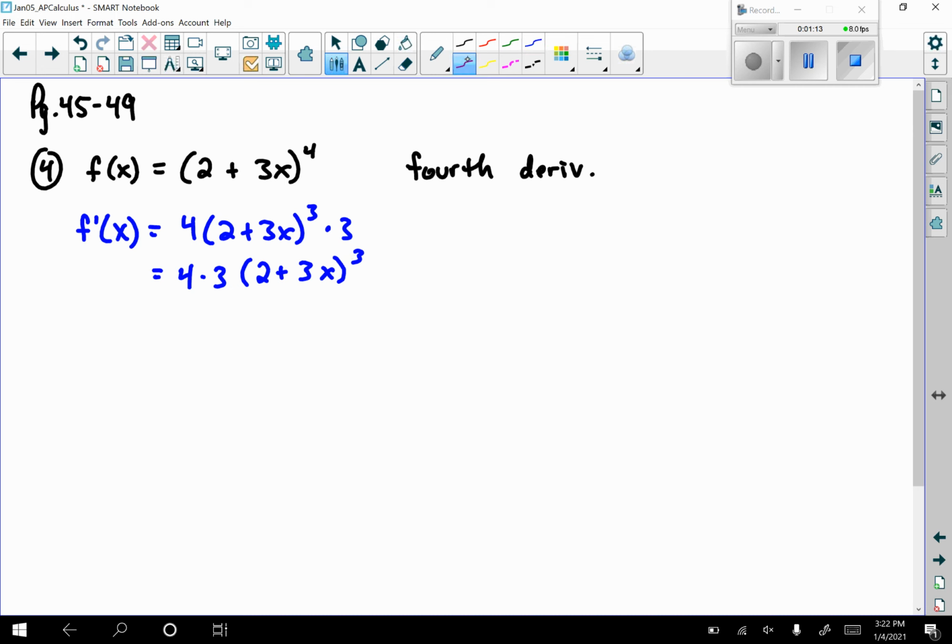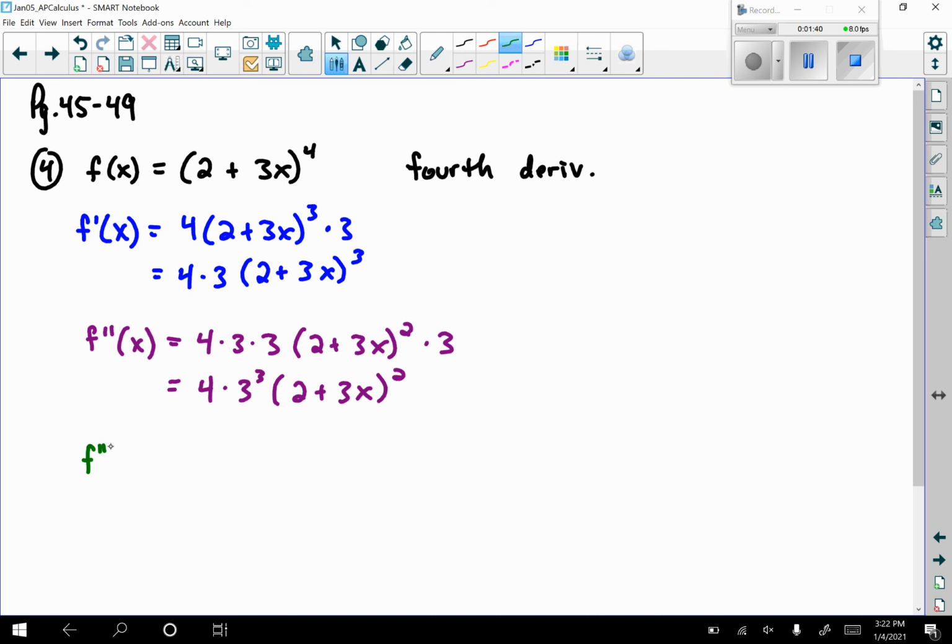So now if I were to take the derivative of this, our second derivative, the 3 is going to come down in front, so it becomes 4 times 3 times 3 times the quantity 2 plus 3x squared times another 3. So now this becomes 4 times, we'll say 3 cubed times the quantity 2 plus 3x squared.